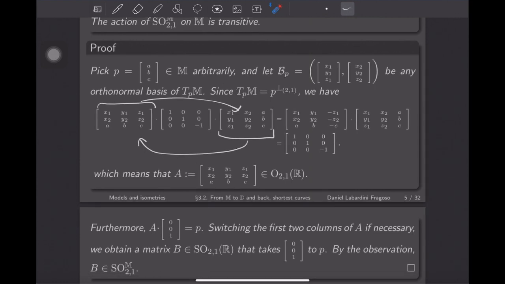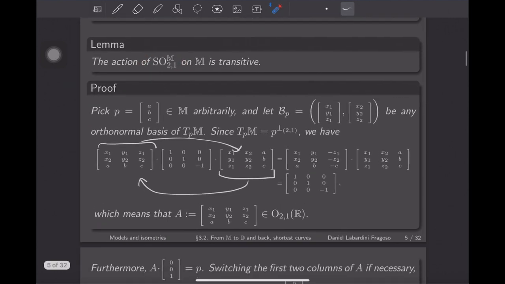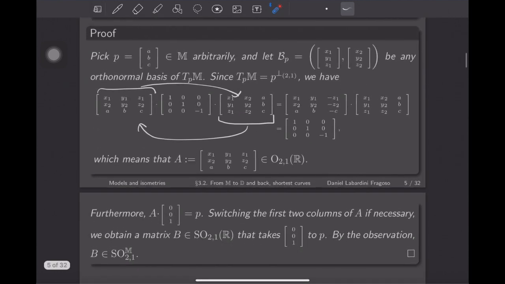Because now it preserves, and it takes my point to my point, and has determinant 1, so it actually lives here. If it has determinant minus 1, well, from a matrix of determinant minus 1, how can I get a matrix of determinant 1? Well, I can just simply exchange two columns, right?